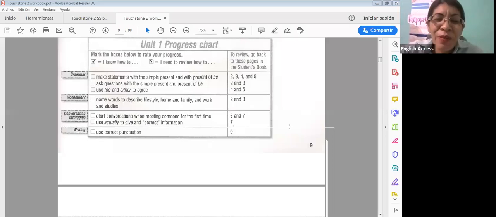Okay, now let's continue with vocabulary. Name words to describe lifestyle, home and family, work, and studies. Maybe you remember in lesson A, the first activity was a questionnaire. It was divided in 4 topics.